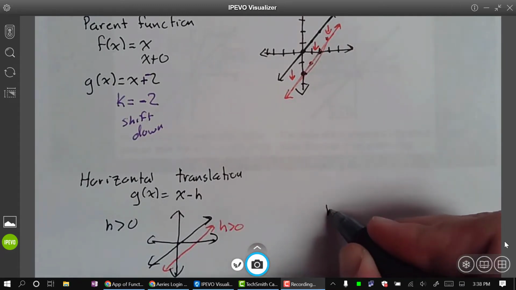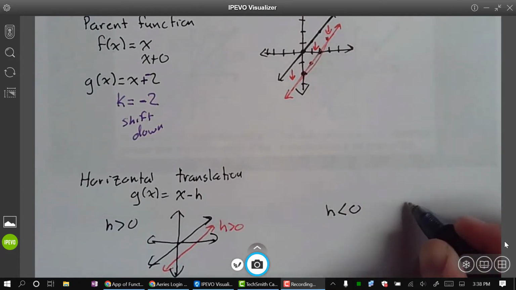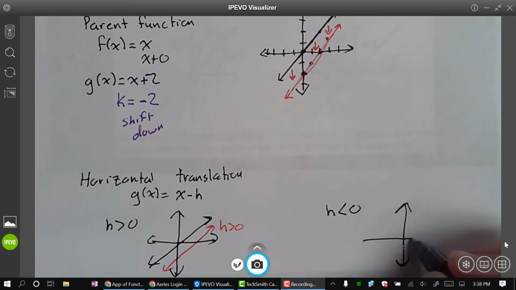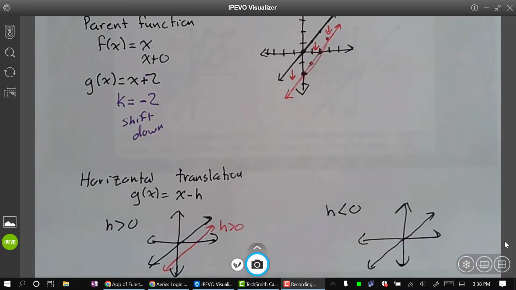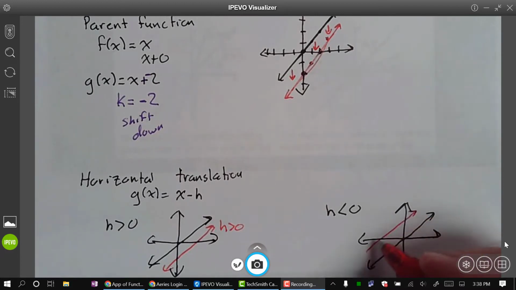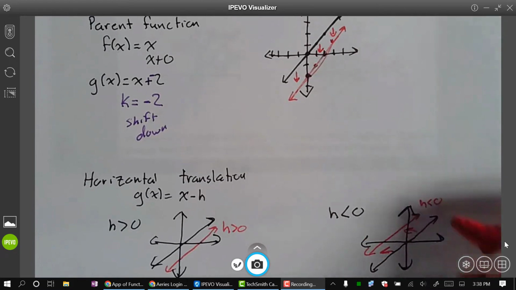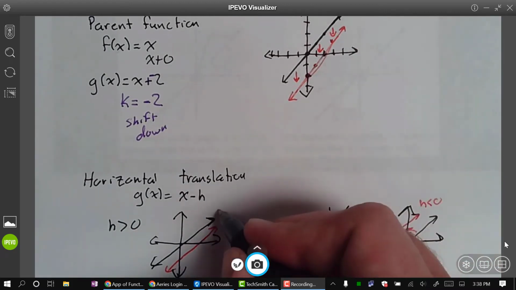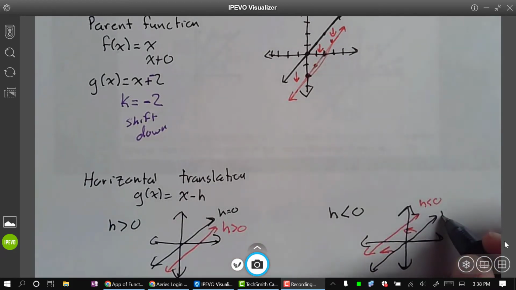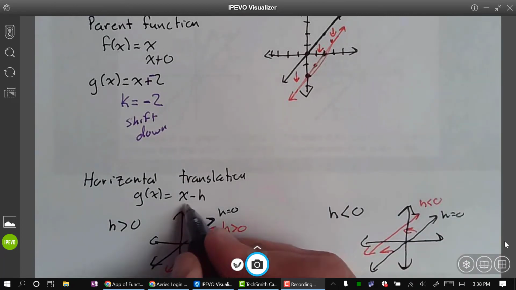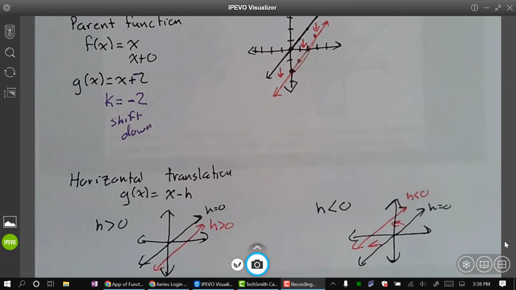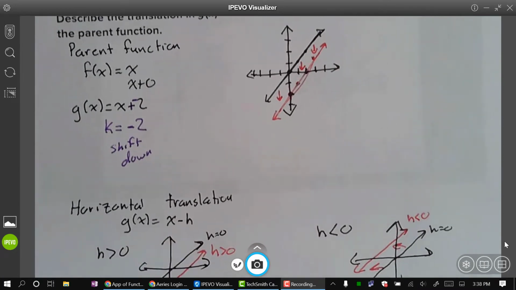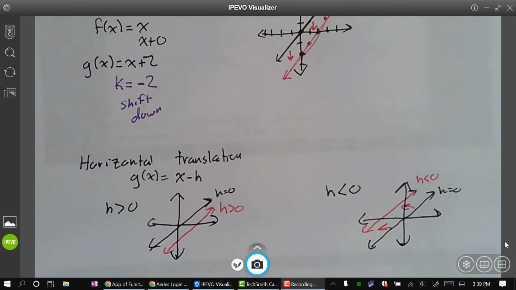If h is less than 0, then again we would have our parent function and we'd shift it to the left. So for this one, it's x minus h. H is negative this time, so we're going to use that to help us out.